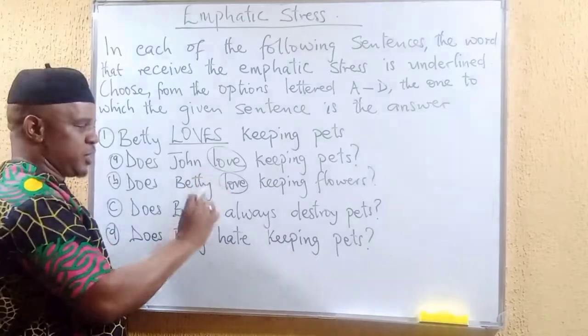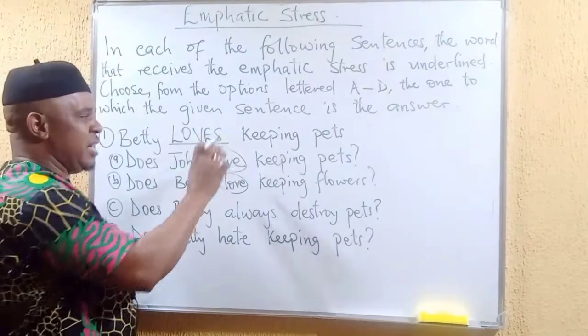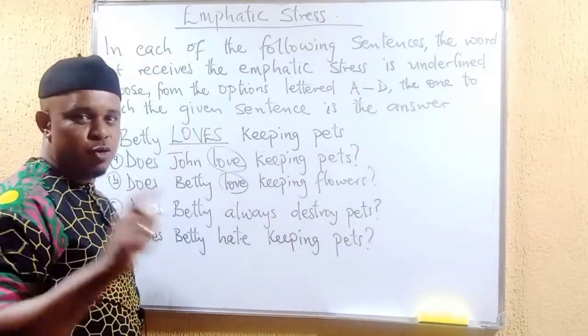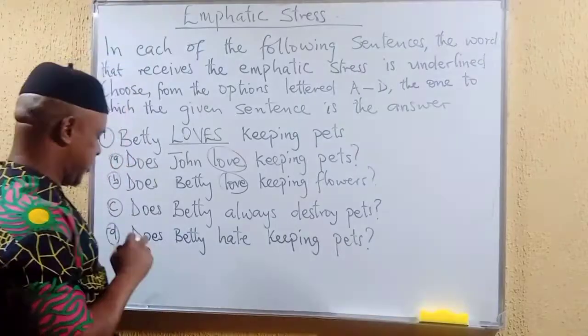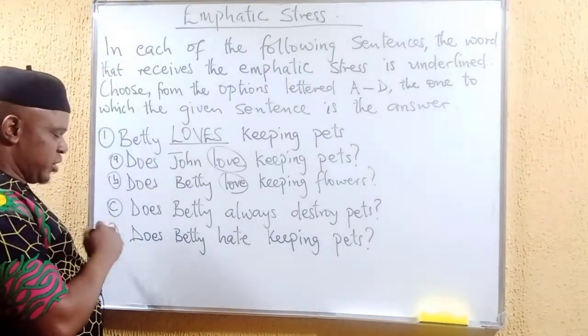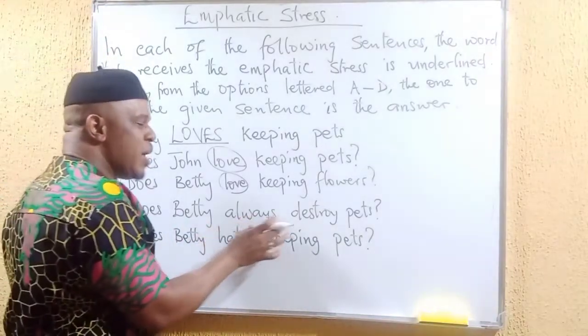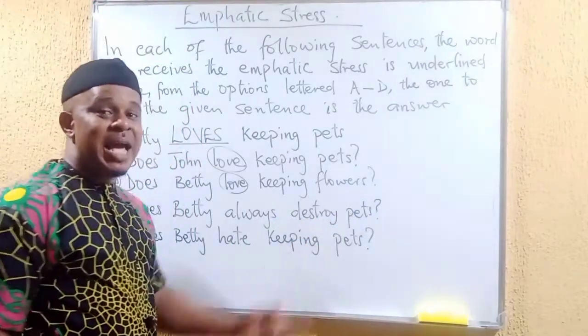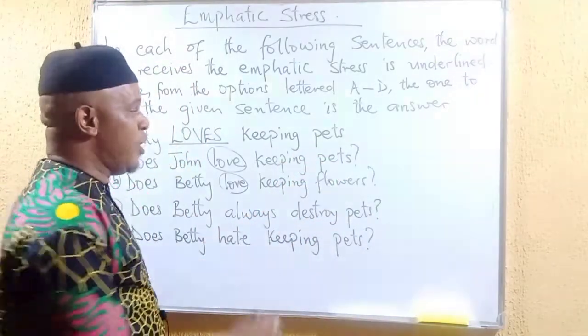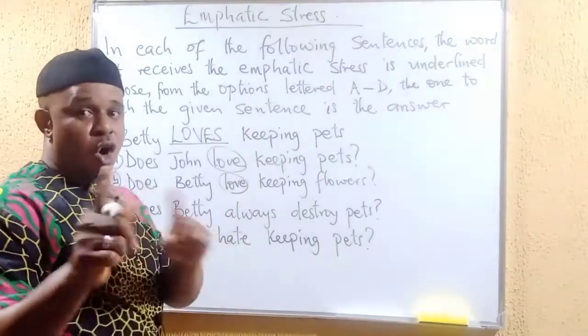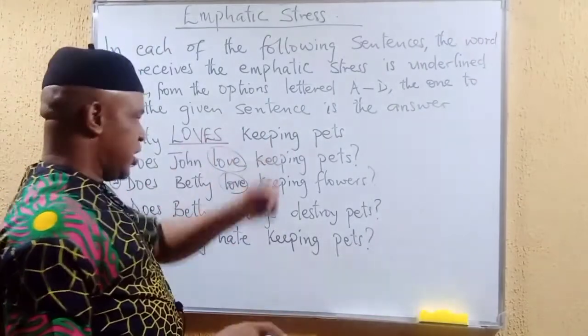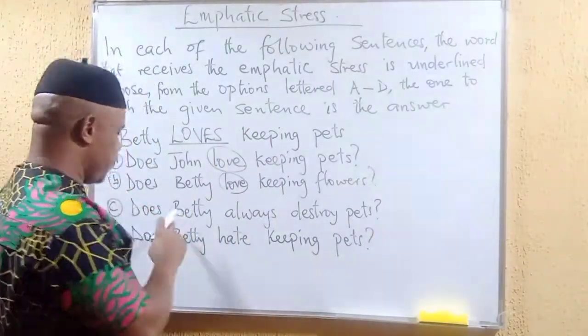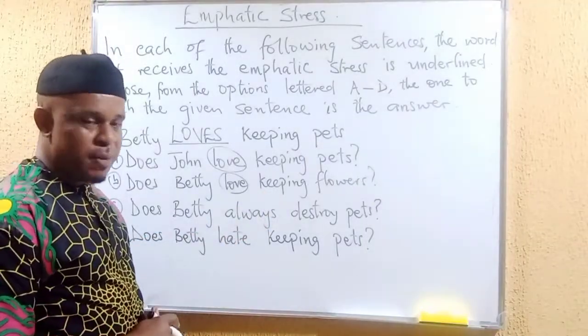The second expression mentions the same love, which is the point under emphasis. Okay, the next option says, does Betty always destroy pets? The answer is no, because the statement already said that she loves keeping pets. So she doesn't destroy pets.